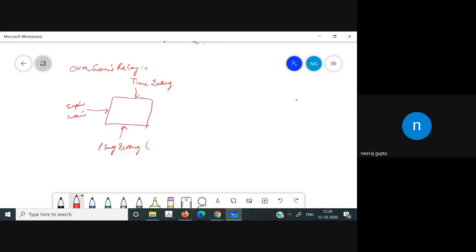Plug setting is also known as the pickup. And we have the normally open trip output circuit. This is going to trip output. So this is the block diagram of the overcurrent relay.